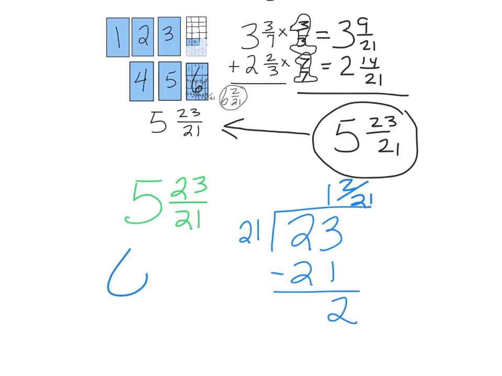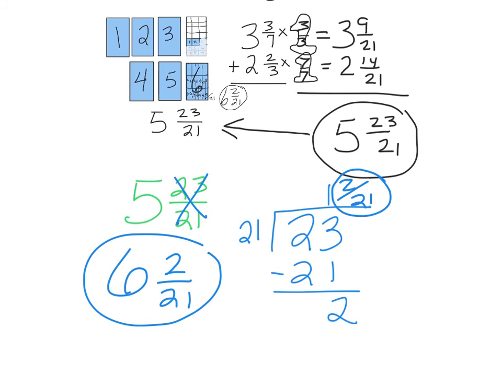So that will become 6, and then I don't need this any longer because now I have the 2/21, right? So 6 and 2/21, and as you see, hey, that agrees with our illustration up here of 6 holes and 2/21.